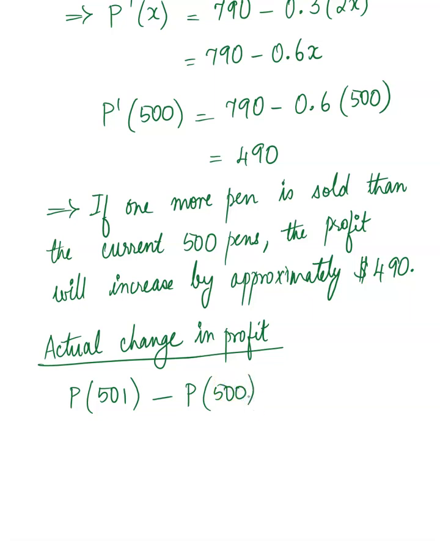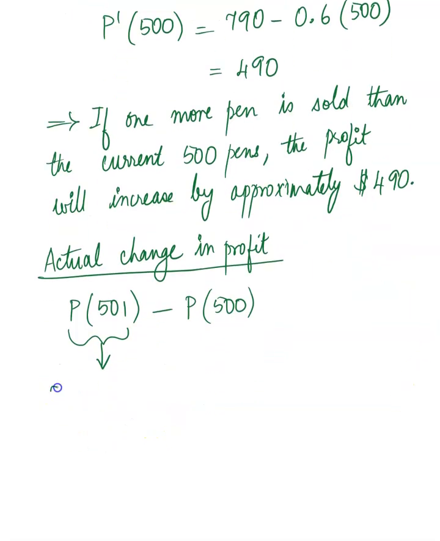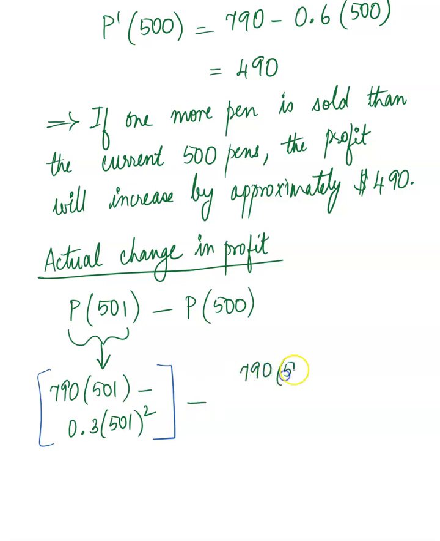So basically you're taking 790 times 501 minus 0.3 times 501 squared. Okay, so I'll just put that here. That's what you get here. That minus, for 500, it's 790 times 500 minus 0.3 times 500 squared.